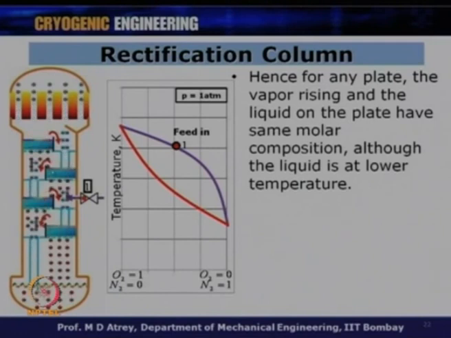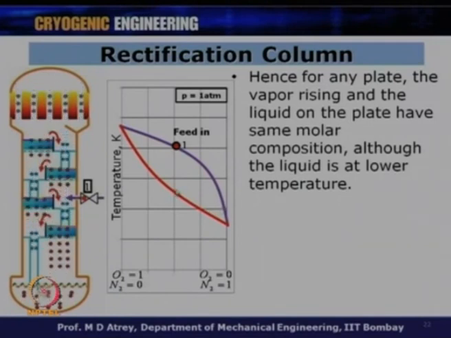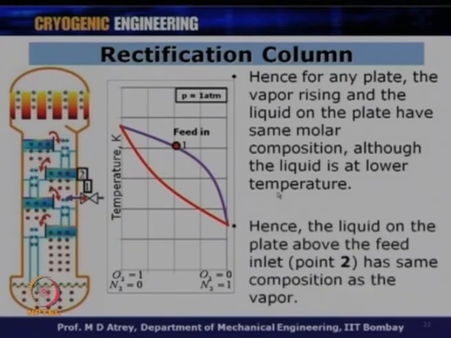Why is condensation happening? Because this liquid is at a lower temperature. During this phase transformation, we always know that the temperature decreases. So, the temperature of the liquid above on this plate is going to be less than what it is at point 1, but the molar composition of the rising vapor and the liquid above it will remain the same.